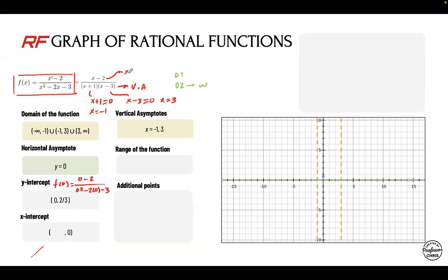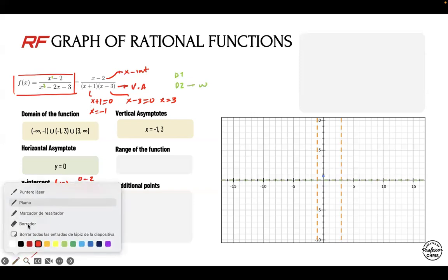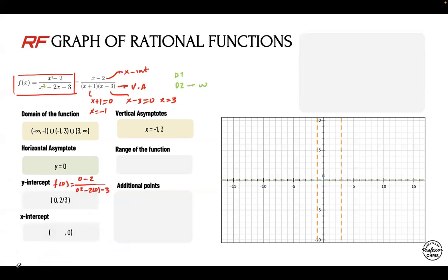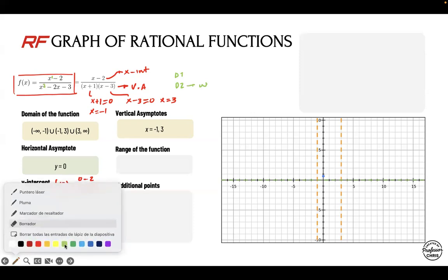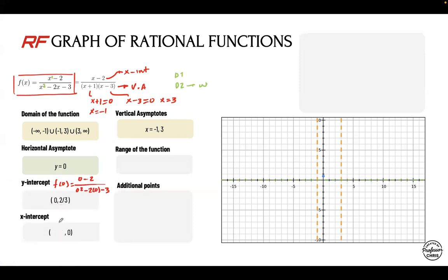Those are going to be your x-intercepts. In reality, it's not directly that; it's more like you're setting y equal to 0. So if y is set equal to 0, you're thinking about 0 equal to x minus 2 divided by whatever's down there.